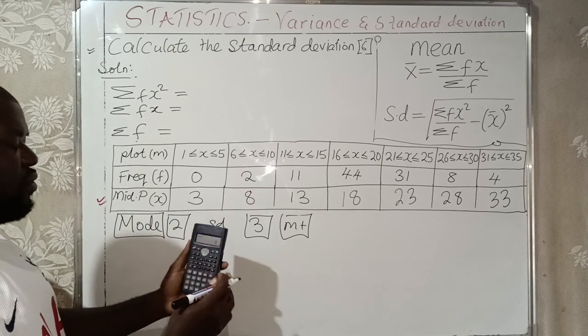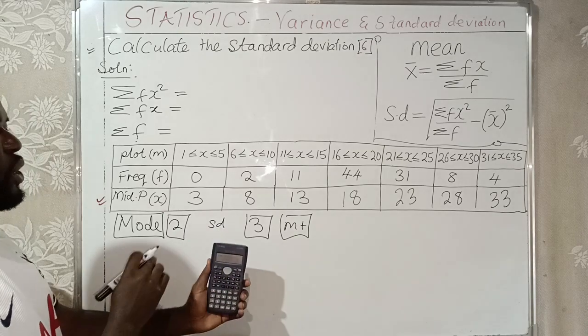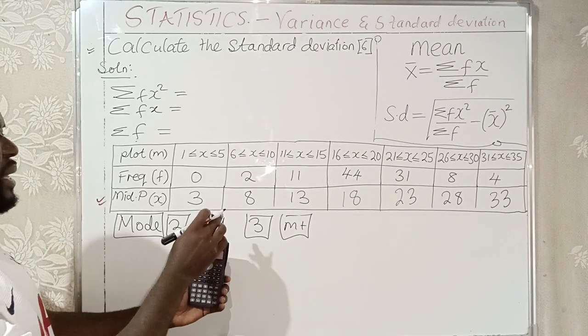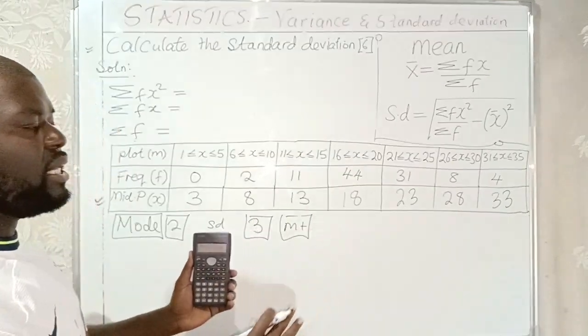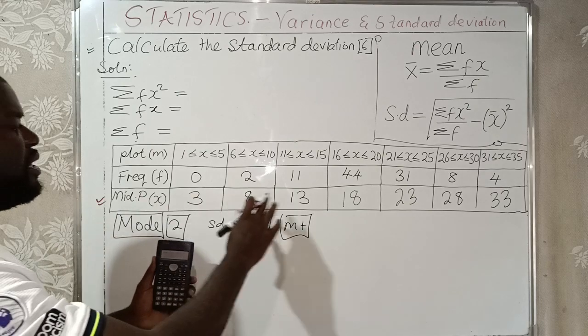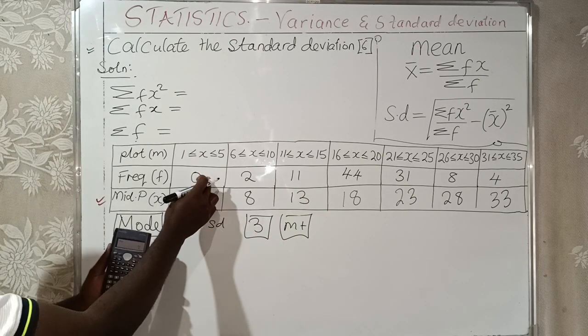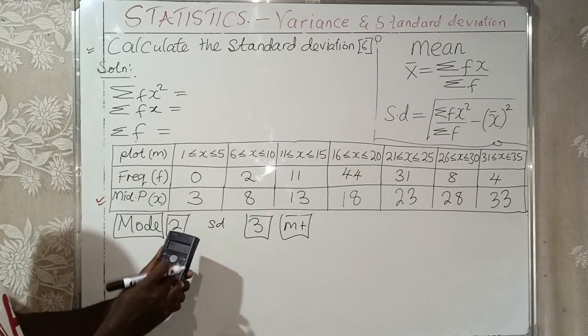That is how you enter the midpoints on your scientific calculator. You repeat that for all the midpoints. And once you do that, you can now start updating the frequencies for each one of the midpoints.